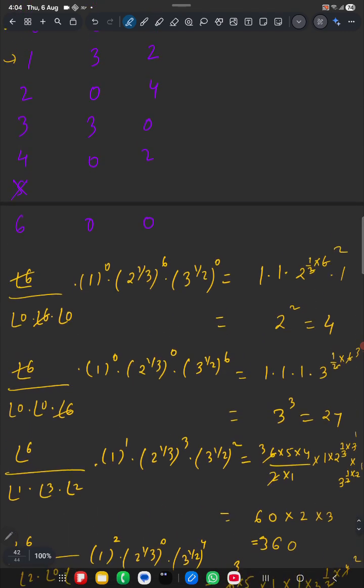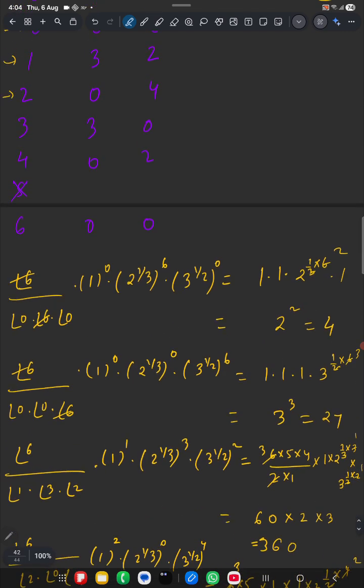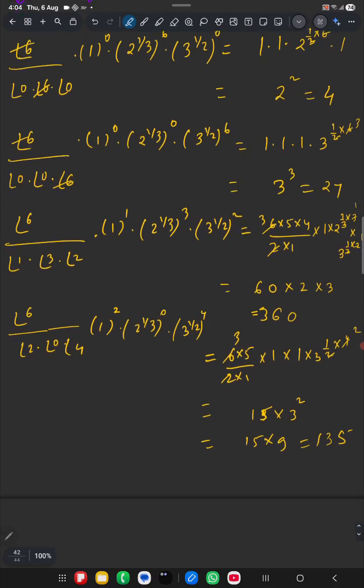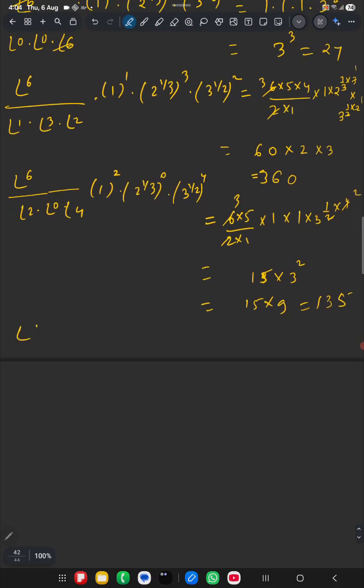Now which one is over? This one is over. Now you have 330. So let us see. Factorial 6 divided by factorial 3, factorial 3, factorial 0. So 1 power 3, 2 1 by 3 power 3 into 3 1 by 2 power 0.